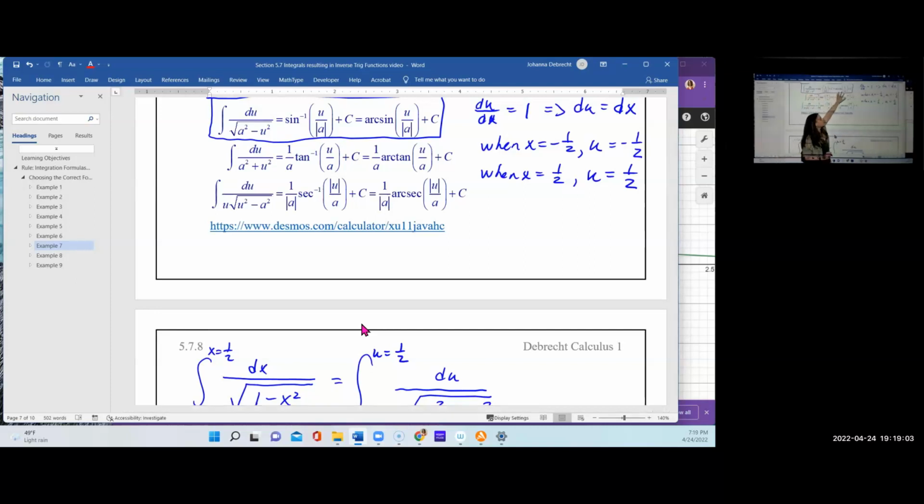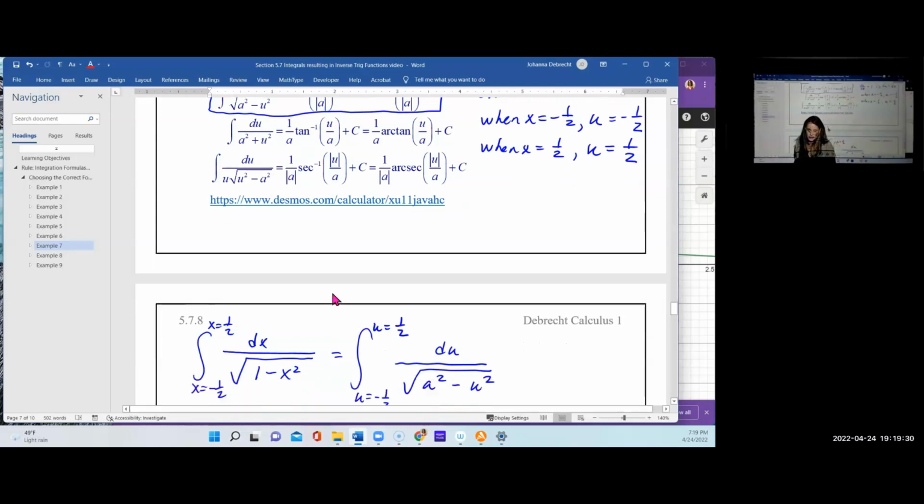That gives me the antiderivative function of arcsine of u over the magnitude of a, up to a constant of integration. This is a definite integral, so I'm looking for the area between the curve and the x-axis, which is a constant number. This means that I can choose any antiderivative function I want, and the simplest is to choose the constant c to be 0.